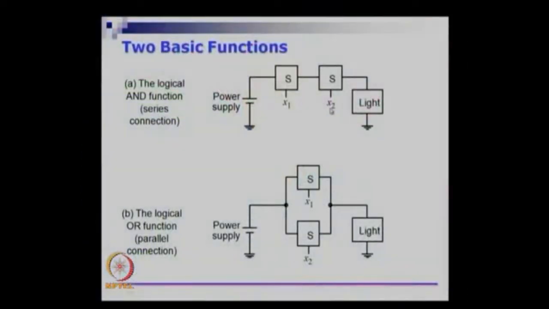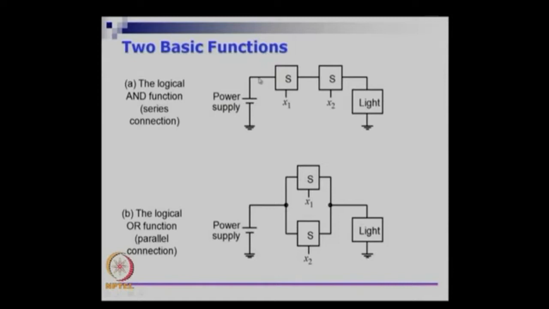So now I am going to assume that there are two switches that are in series. Let us call these switches X1 and X2, and X1 can be either on or off, and X2 can be again either on or off, and these two are connected in series. If this happens, then the only way that the light can glow is if X1 is on and X2 is on.